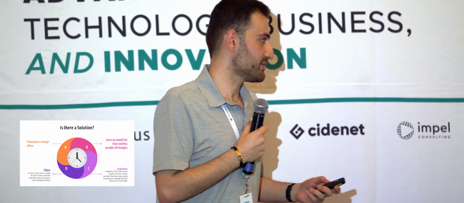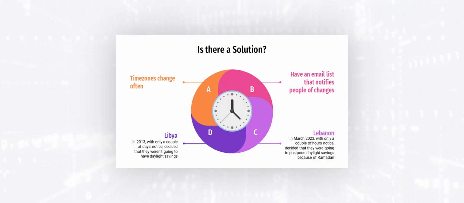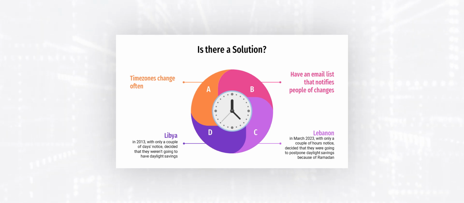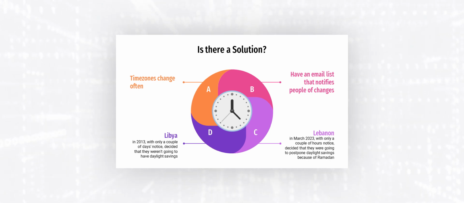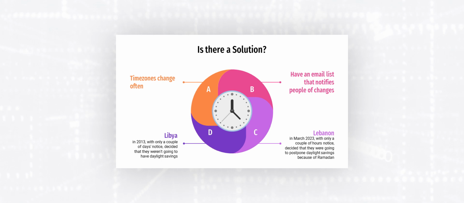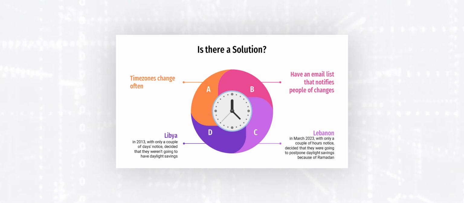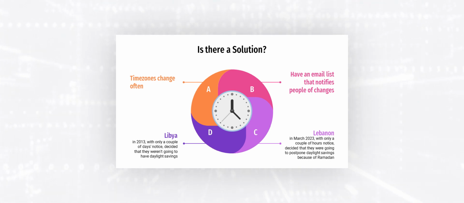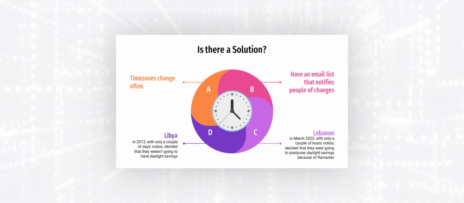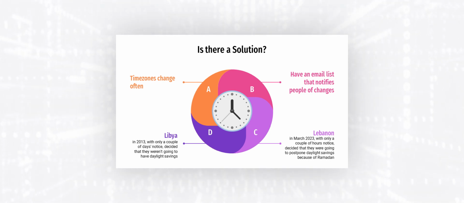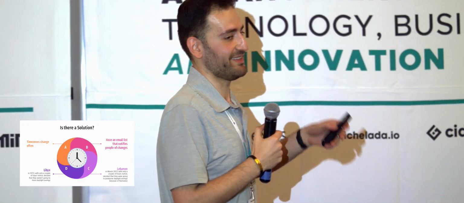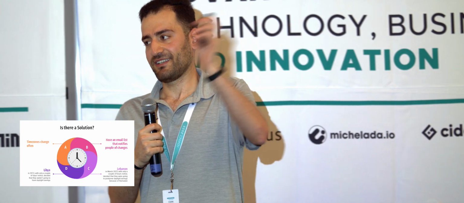So, for example, just recently, literally this March, in Lebanon, there was a time change with only a couple of hours notice that they decided that they were not going to switch to daylight savings because of Ramadan. Because it was supposed to start, and it's based on the lunar calendar, and didn't start, and daylight savings happened and they decided to switch.